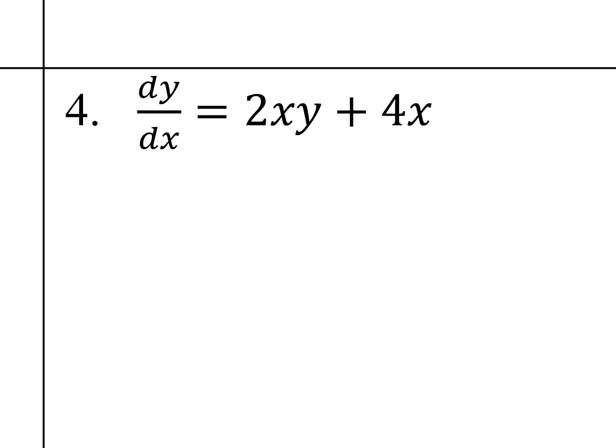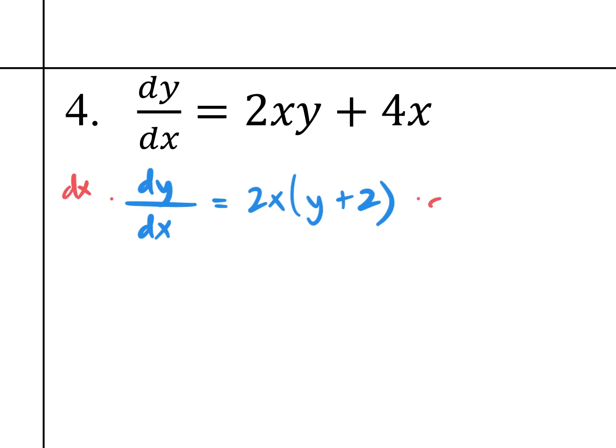Thoughts on what we'll do here first? Factor? Yeah, factor. Because if I multiply by dx on both sides, I wouldn't be able to take that y out, right? So on the right-hand side here, what can I take out of both of those terms? 2x. Okay, now can I cross multiply here? Multiply by dx on both sides.